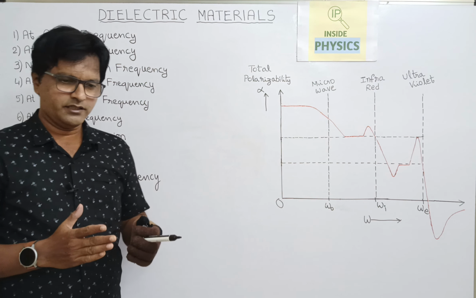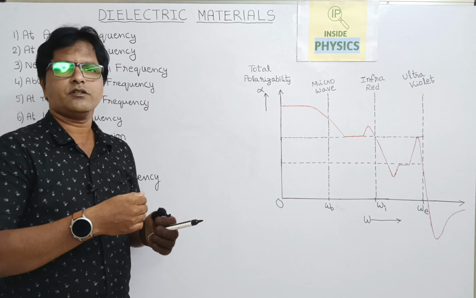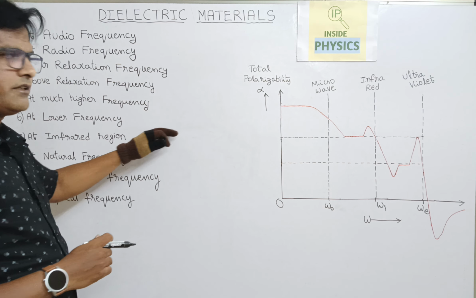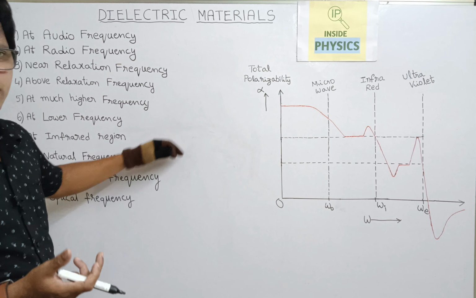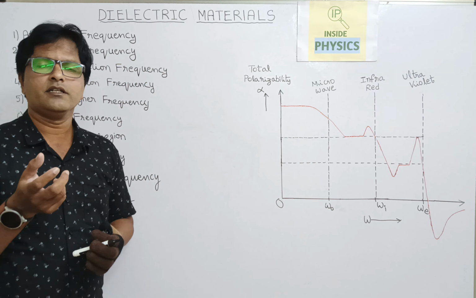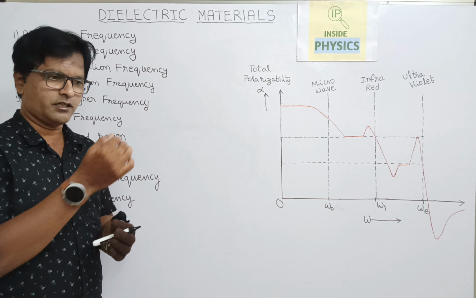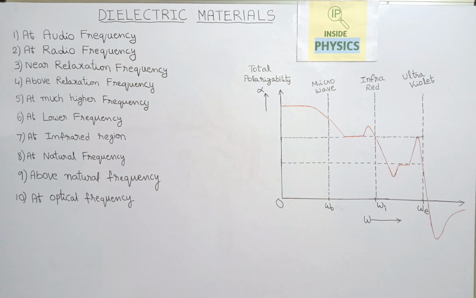It defies coming into the frequency of the applied frequency, and there will be friction, there will be a phase difference. Whenever there is a phase difference in the orientation, the polarizability will come down. So that is the cause above natural frequencies.